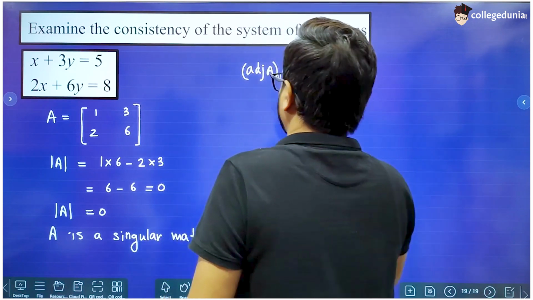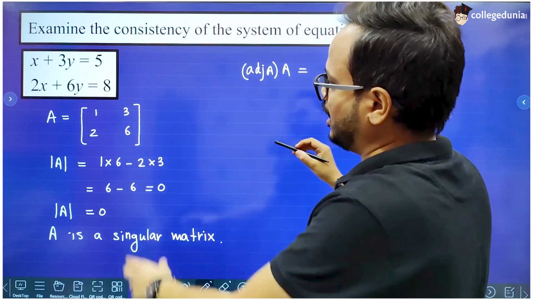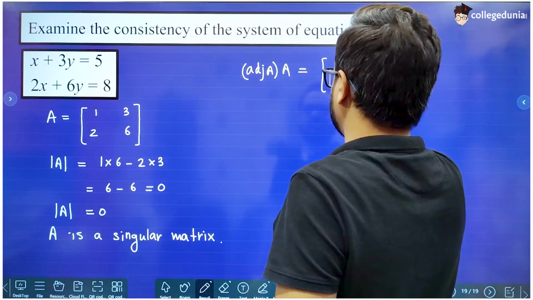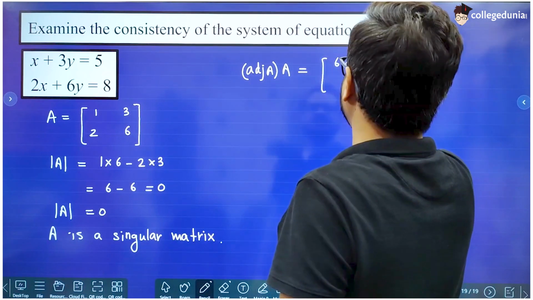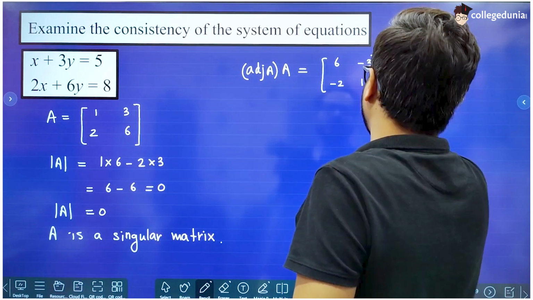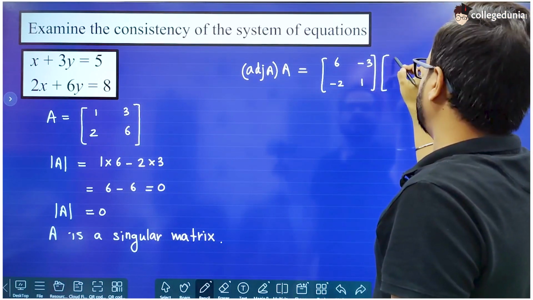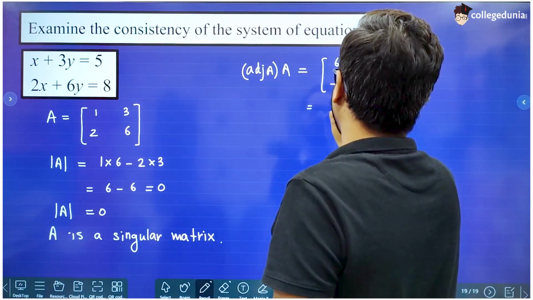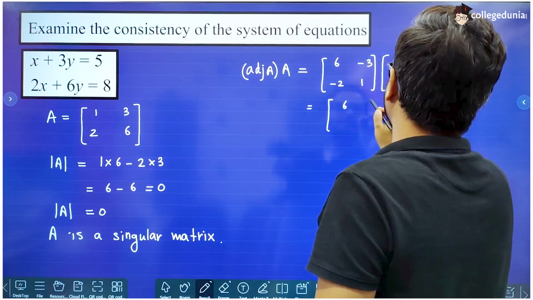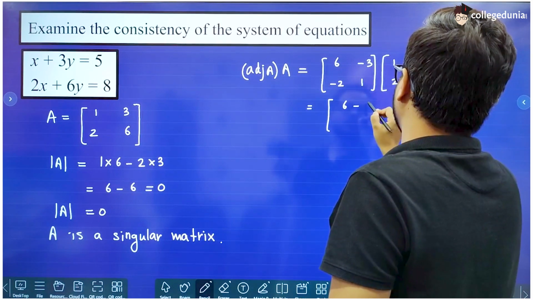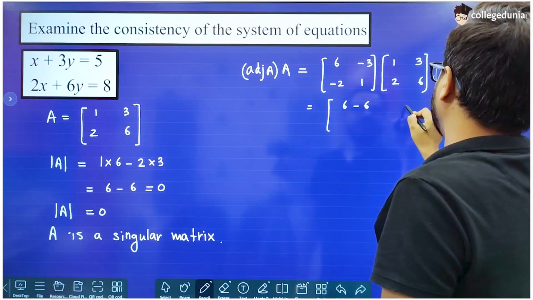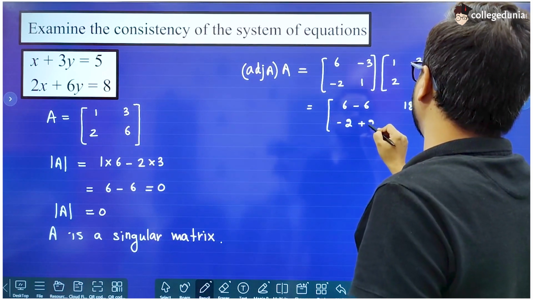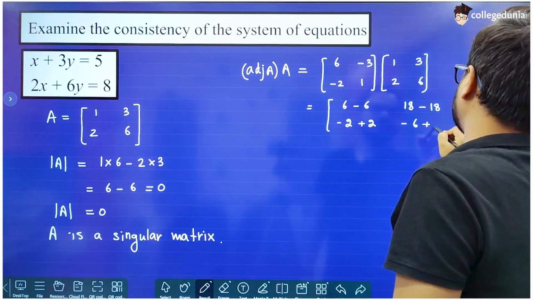Adjoint A into A. So what is adjoint A? Adjoint A is simply: change these two values, 6 and 1, and change the signs of these two. Adjoint A into A is 6, minus 3, minus 2, 1 times 1, 3, 2, 6. So it gives 18 minus 18, minus 2 plus 2, and minus 6 plus 6.